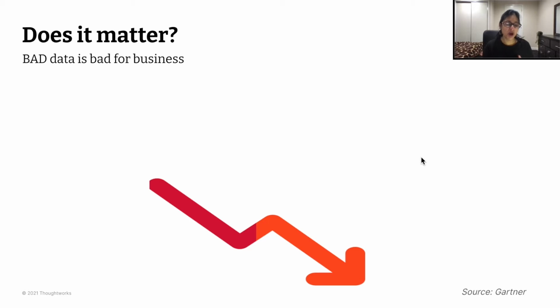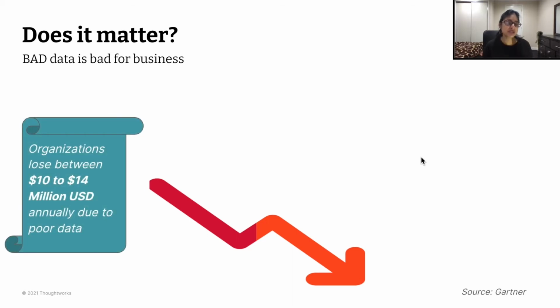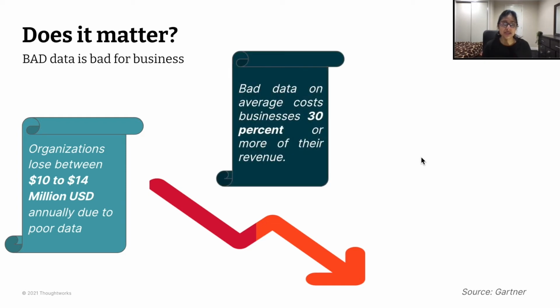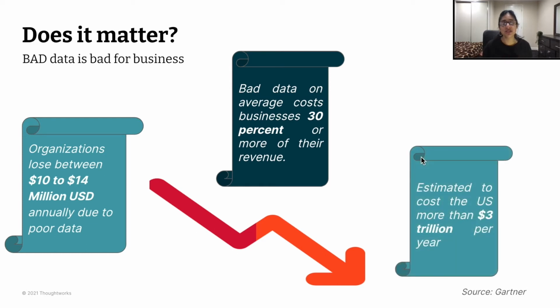As per one piece of research, it has been found that organizations can lose approximately 10 to 14 million US dollars, and it can cost them around 30% of their revenues, and it's estimated to cost the US more than $3 trillion per year.